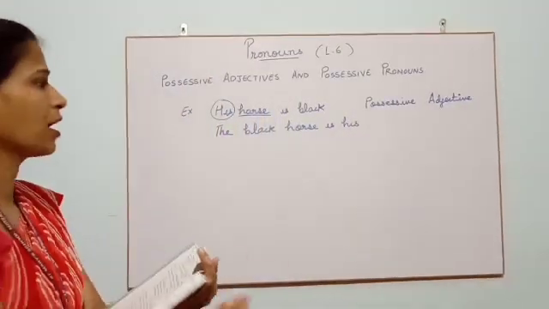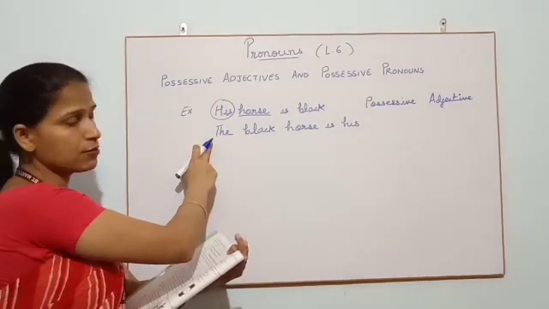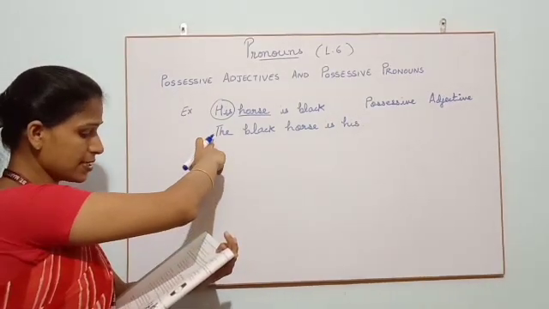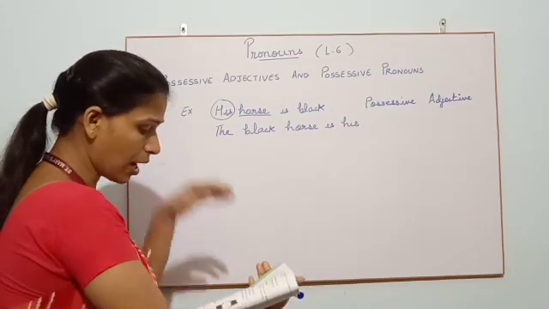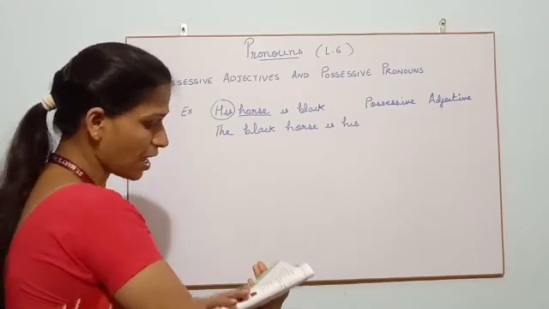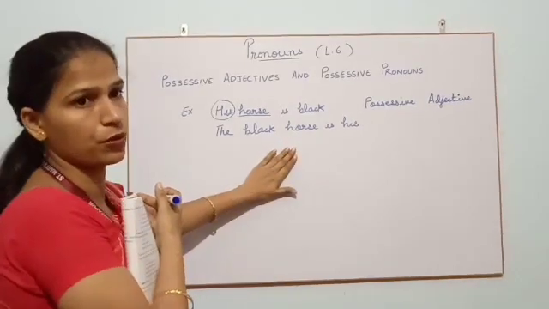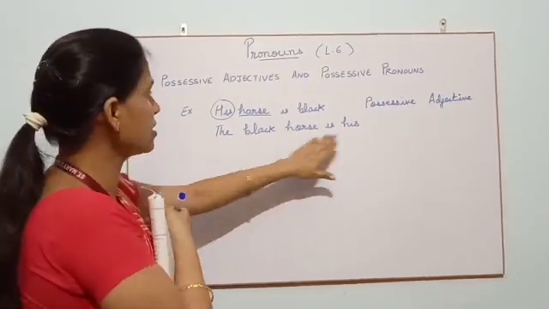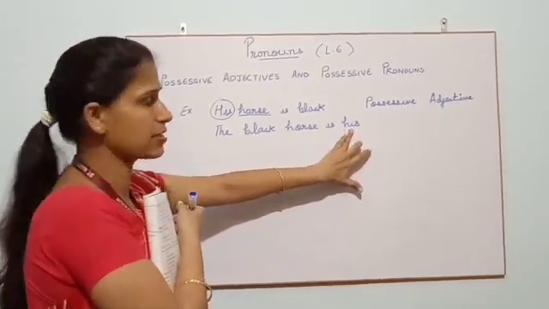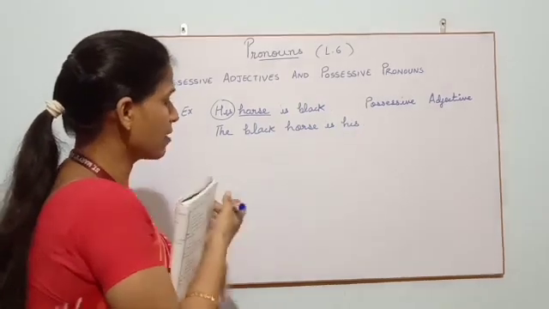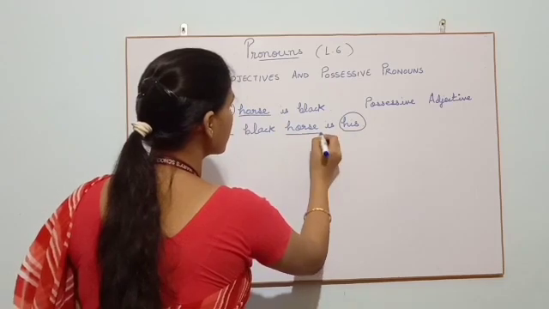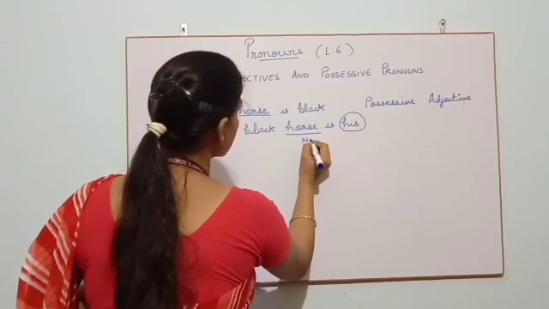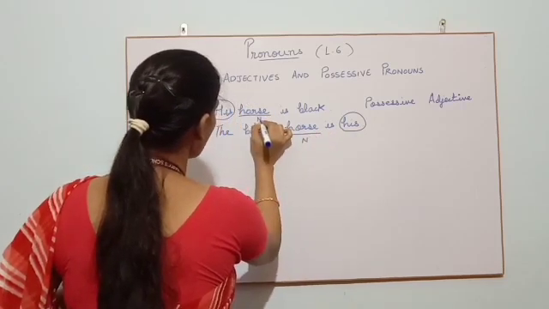Have you understood? And let's come to the second one. It says, if the possessive pronoun is used after the noun. Now can you see? Yes, here it is. This is your noun.